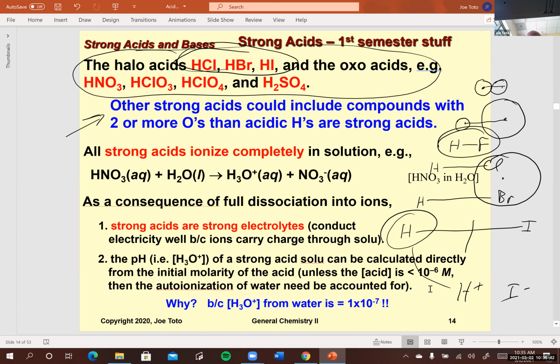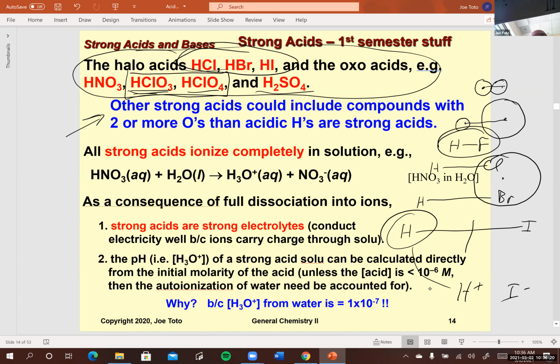All right. What else do we have? We got the halogens, then we have nitric, chloric, perchloric, and sulfuric. Okay, so remember, these are the oxo acids, and so they have a different nomenclature than the hydro acids, like hydrochloric, which we know as HCl, but chloric acid is HClO3 because that comes from chlorate.